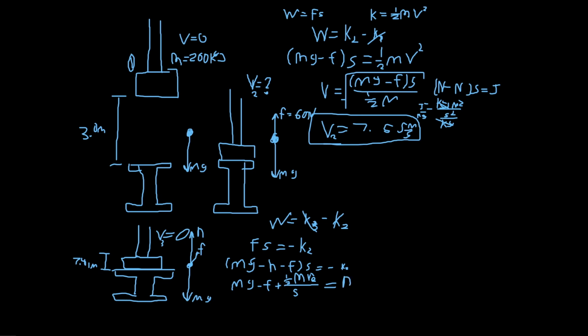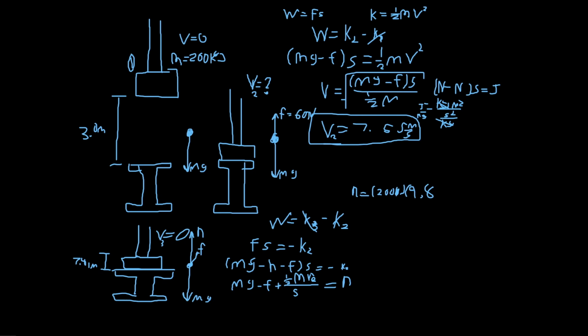Alright, now we're going to plug in the variables. So we know that mass equals 200 kilograms. My bad, I wrote newtons there. Times g, which is 9.8 meters per second squared. We'll fix the units right here, write kilograms, and then we'll write the units for g.